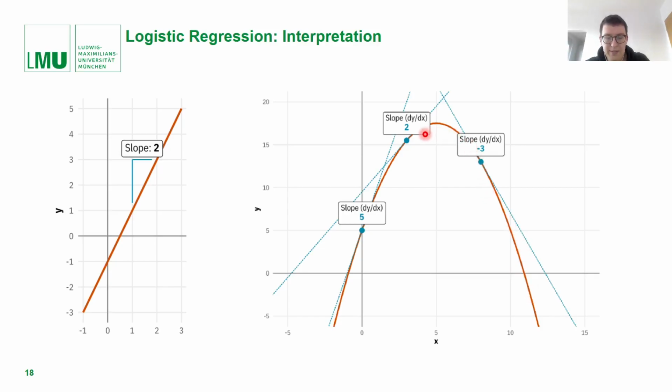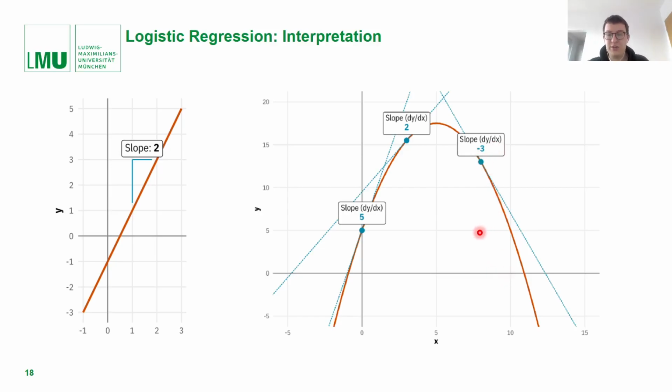So as it's not a linear model, we can't just estimate a regression coefficient and then interpret that if we increase x by 1, then y will be increased by 1. Because if we, for example, are here at x equals 0 and move one step to the right, so we increase x by 1, then okay, we have this slope of 5, but if we do this over here, move another step to the right, we decrease y.